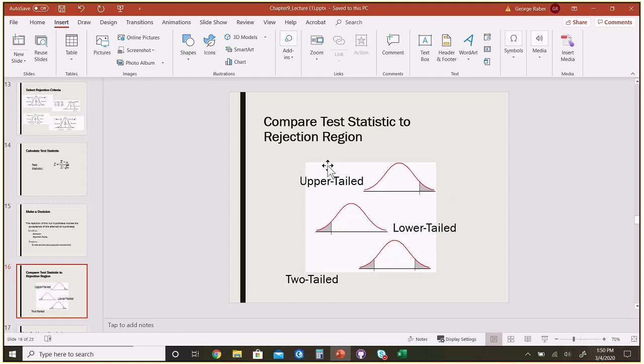And the only real thing to think about is, okay, I've got a p-value. What does that mean for my null and alternative hypotheses? And the only real thing to think about there is whether or not it's a one-tailed or a two-tailed hypothesis test.